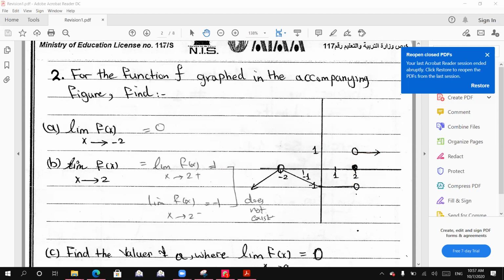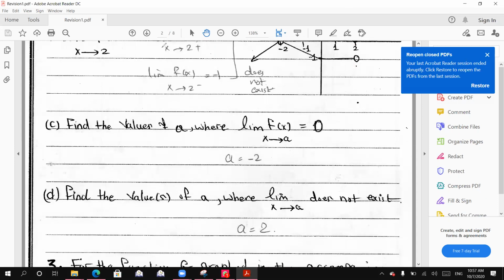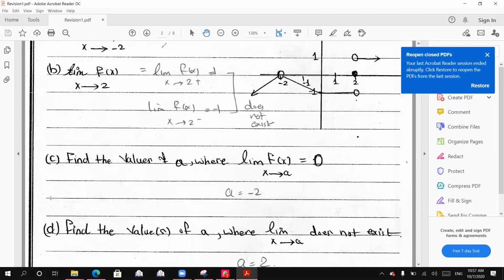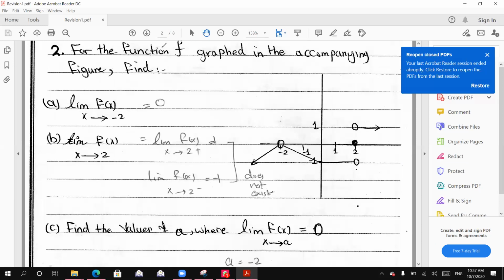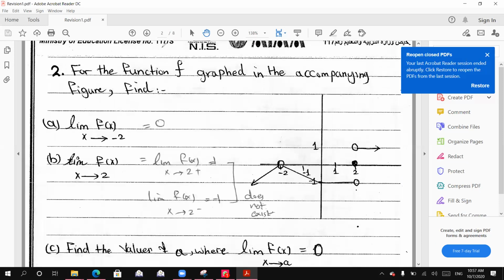Now, I want you to find the values of a where the limit f of x when x approaches a is equal to 0. Yes, 2 and -2.